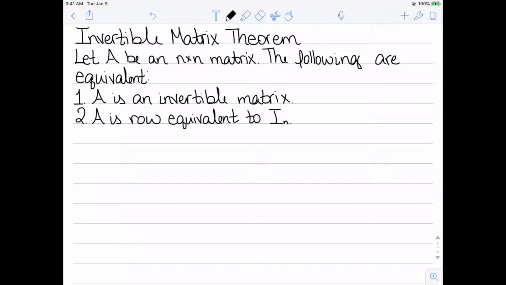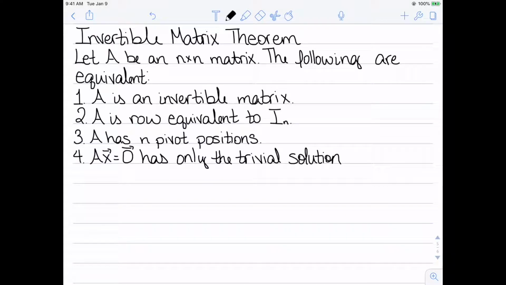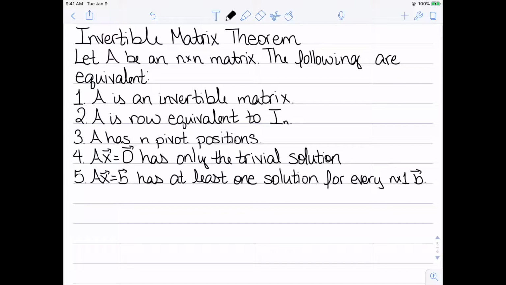The second, A needs to be row equivalent to the n by n identity matrix. The third one, A has n pivot positions. The fourth one, Ax equal to 0 has only the trivial solution. The fifth one, Ax equal to b has at least one solution for every n by 1 vector b.